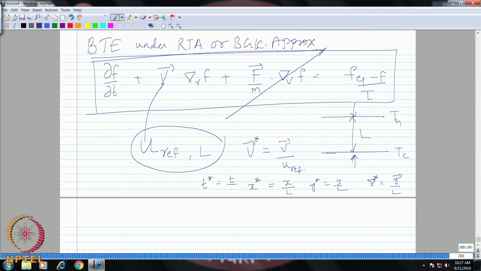Now, in this case what will be the time scale? Based on the reference velocity and characteristic length, L by U ref.